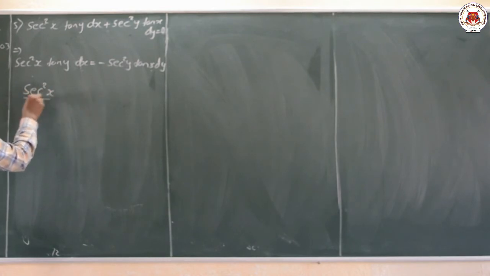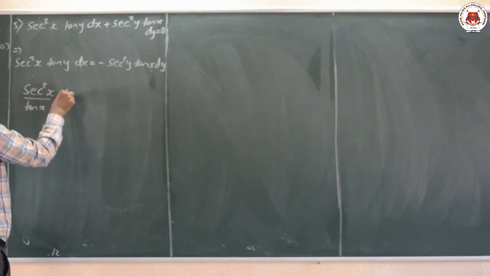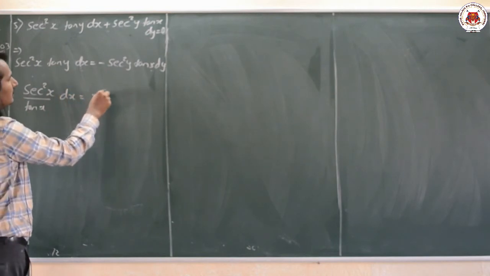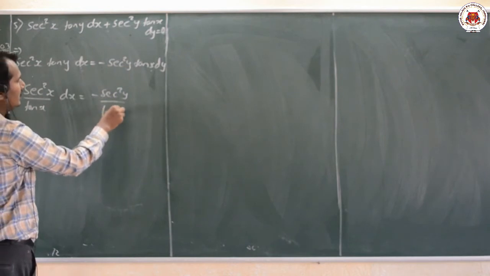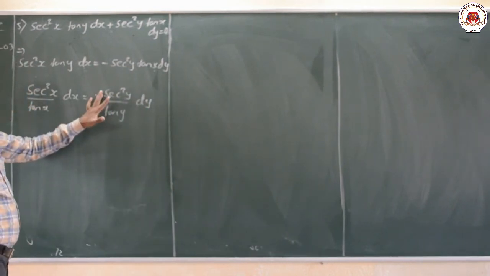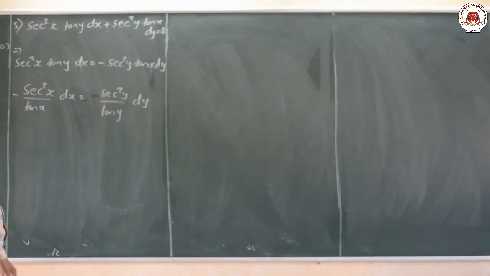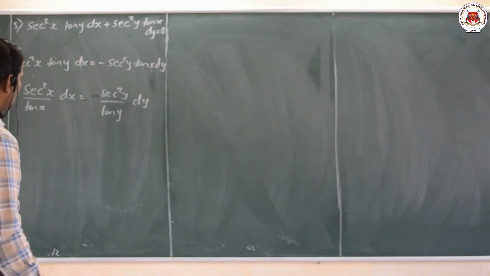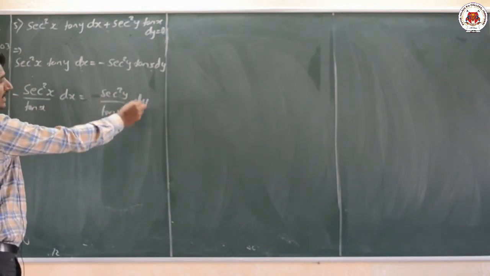What we have is secant square x divided by tan x dx equal to minus secant square y divided by tan y dy. This minus sign we can take to the LHS, nothing wrong in that. Now what we get is one more variable separable form, x dx and y dy.